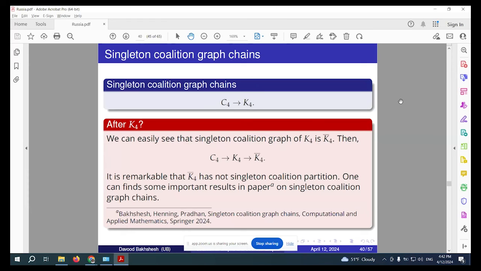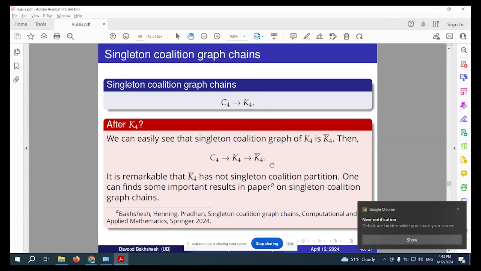One can ask a question: what is the graph after K4 in this chain? We can easily see that the singleton coalition graph of K4 is the complement of K4. It means that the complement of K4 is the singleton coalition graph of K4. One can ask another question: what is the end of this chain?